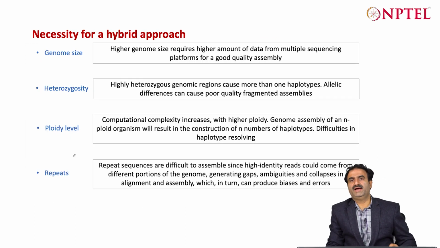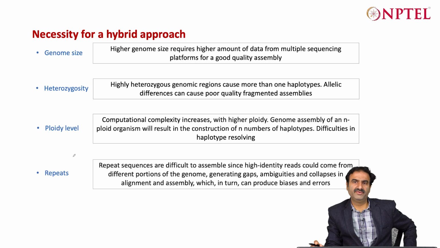Okay, so basically a hybrid approach is needed because we are dealing with genomes which could be very large in size. They may be polyploid, so multiple copies of the genome could be there, right? Polyploidy increases the complexity, and it is also difficult to resolve the haplotypes in case of polyploidy.